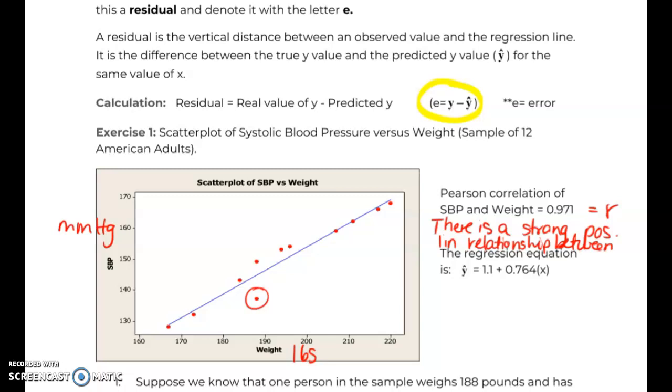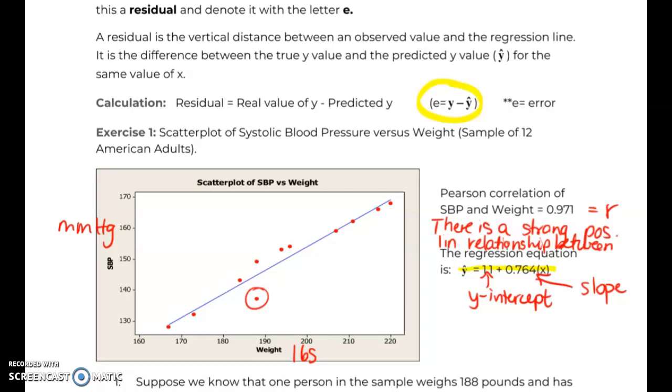So the regression equation is given, and it's right down here. Our y hat is 1.1 plus 0.764 times x. Again, that is the equation of our line. As I mentioned before, usually when we're in statistics, we mention our y-intercept first. So this is our y-intercept, and then we mention our slope, so kind of in reverse order when compared to an algebra class.